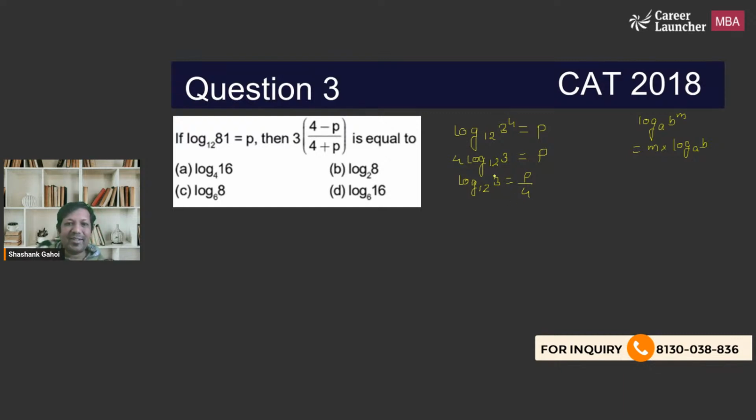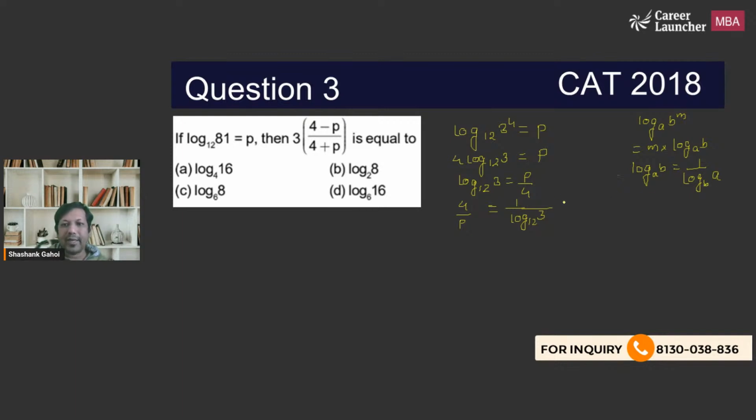So this can be written like this. So what I can say is that 4 upon p is equal to 1 upon log 12 3. Okay, so this is what we are going to get, and I can say that log base a of b is equal to 1 upon log base b a.